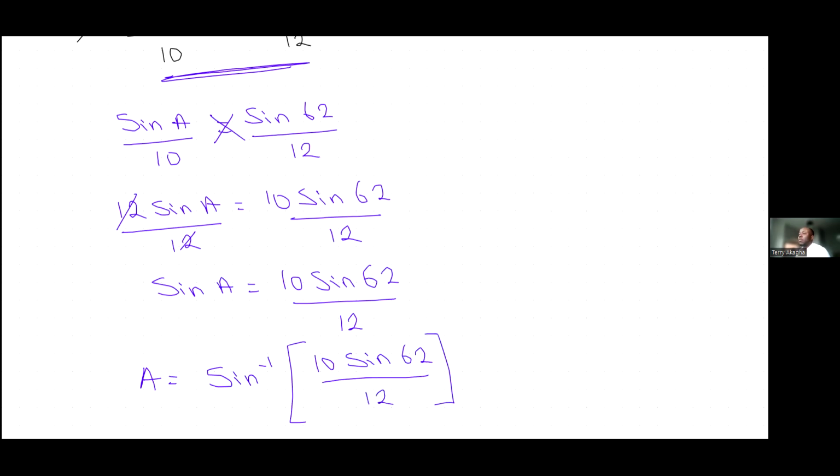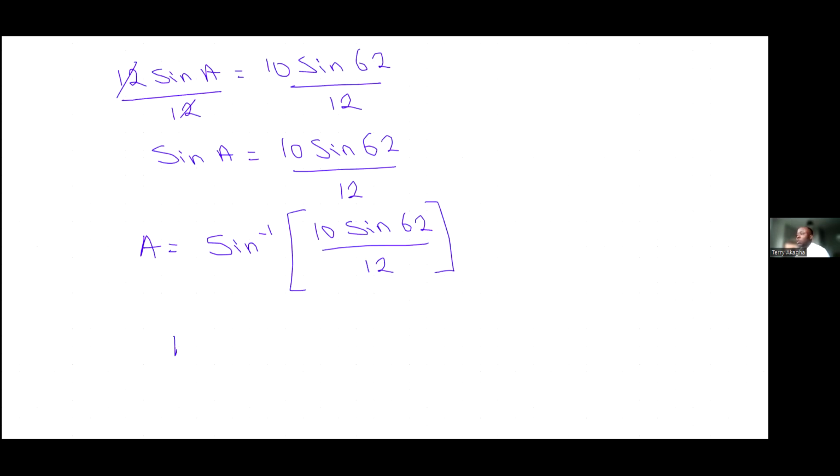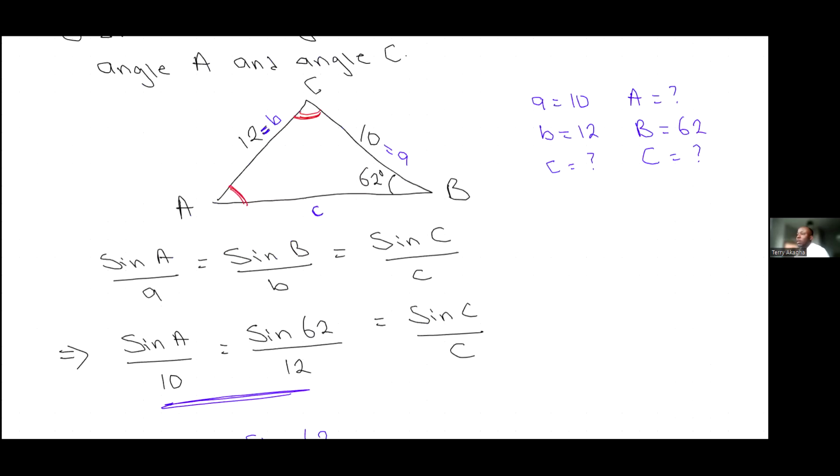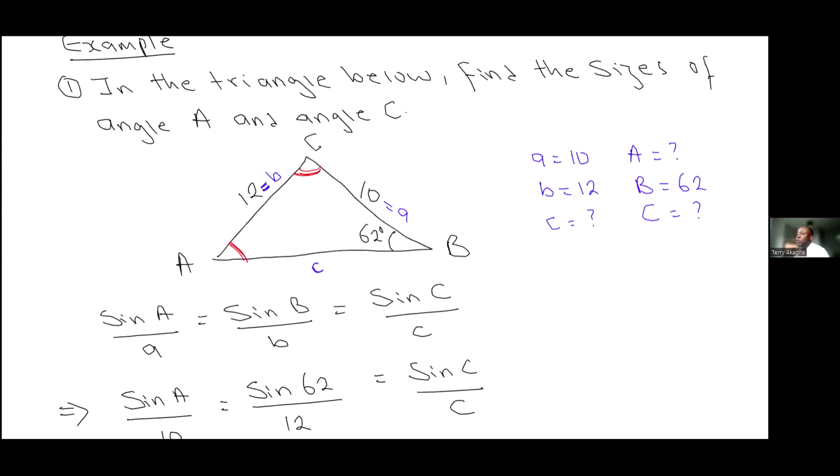And then when you press this in your calculator, A is going to give you 47.4 degrees. And that will be the answer for angle A. So that means now we can go back and do this. So angle A is going to be 47.4 degrees.